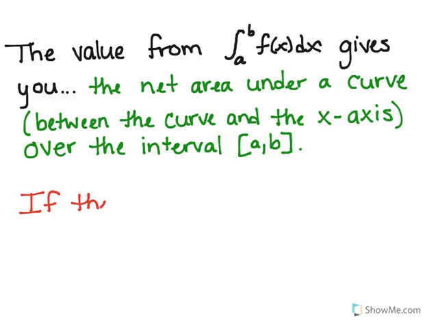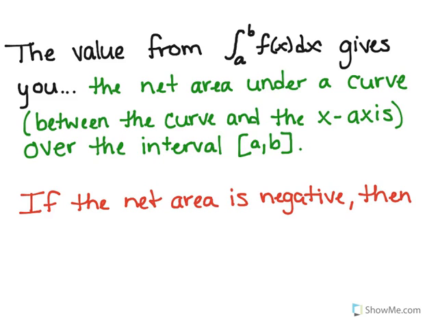If the net area is negative, then there's more area below the x-axis than above.